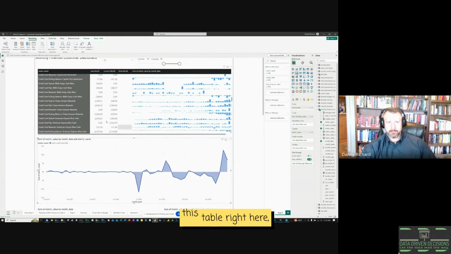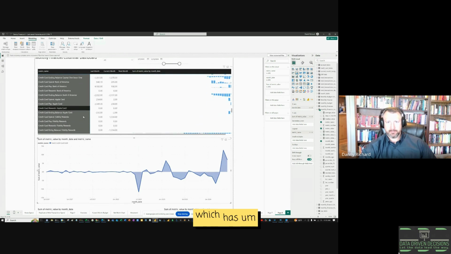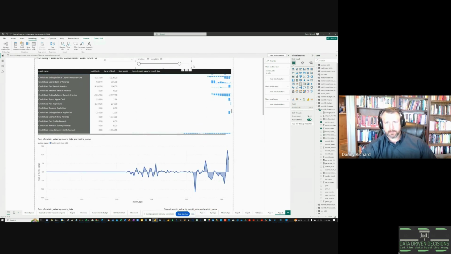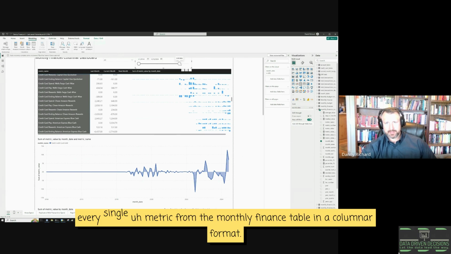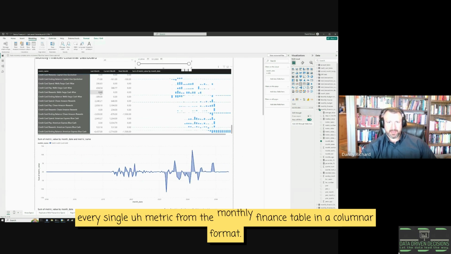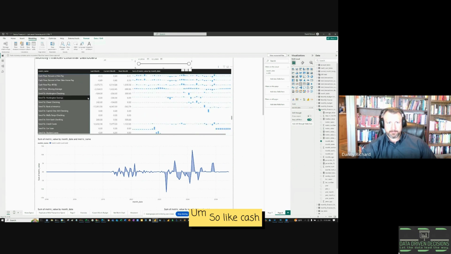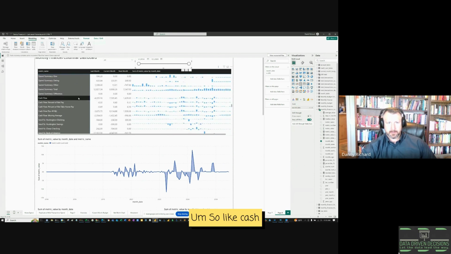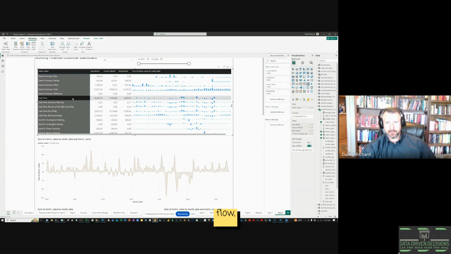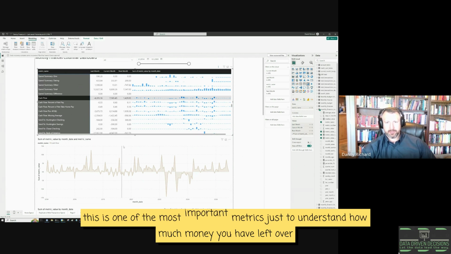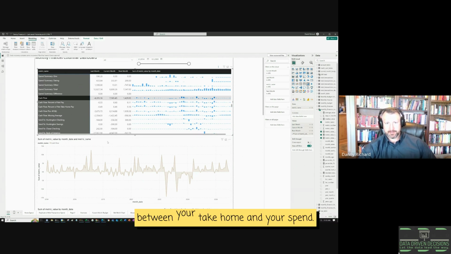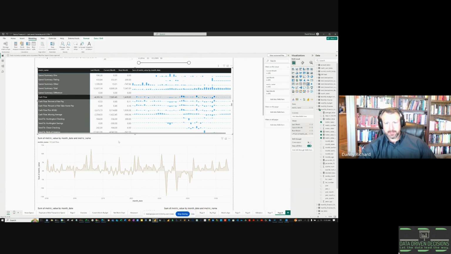But this table right here has every single metric from the monthly finance table in a columnar format. So like cash flow, this is one of the most important metrics, just to understand how much money you have left over between your take home and your spend.